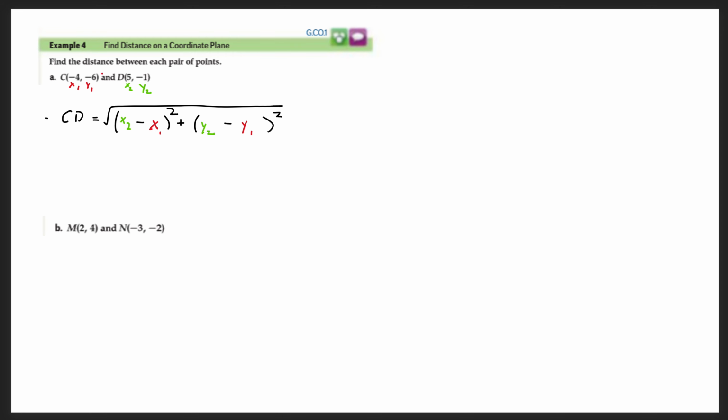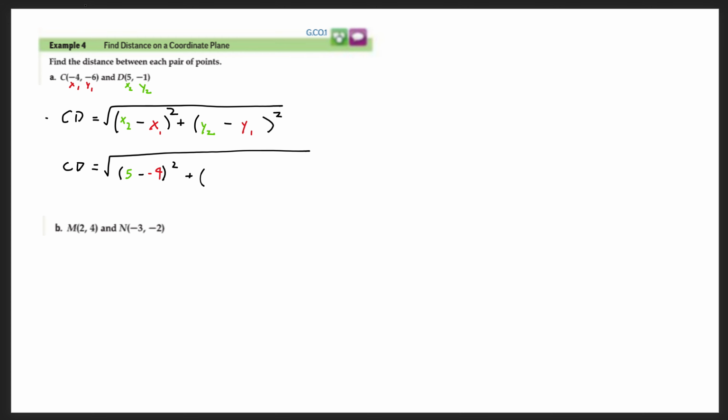So I'm going to plug in my values here. CD equals the square root of, well, what was x2? x2 is 5, minus x1. What is x1? x1 is negative 4. And remember, we're squaring that.